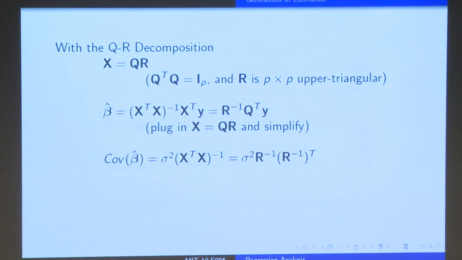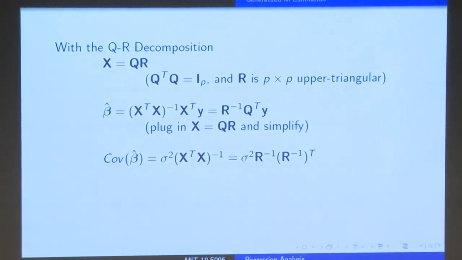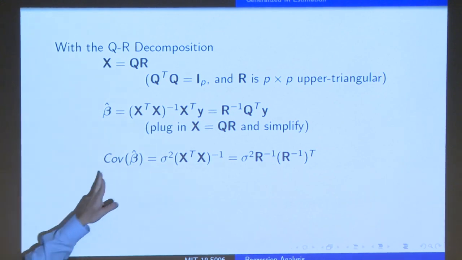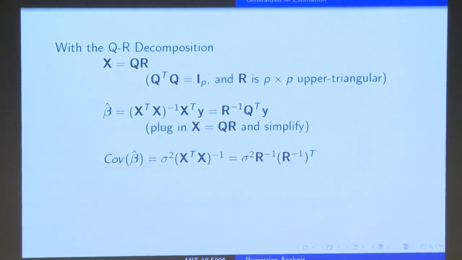The covariance of a matrix times a random vector is that matrix times the covariance of the vector times the transpose of the matrix. So if you take a matrix transformation of a random vector, then the covariance of that transformation has that form. That's where this covariance matrix is coming into play.